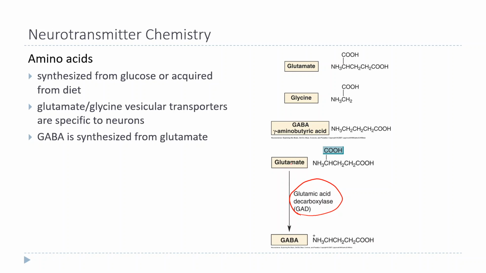And so GAD, or glutamic acid decarboxylase, just removes this carboxyl group, and you're left with gamma aminobutyric acid, which is what GABA stands for. Again, you can use GAD as a marker for GABA, or you can use GABA transporters.